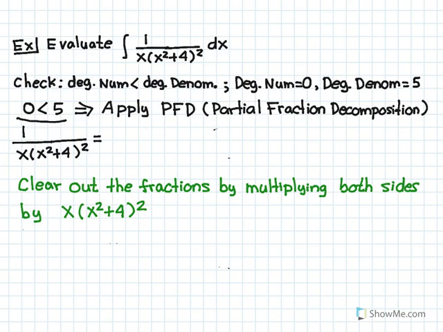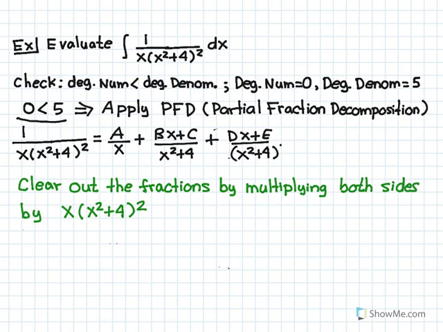That means we apply partial fraction decomposition. So the pattern will be in the form of a sum. We get a over x plus bx plus c divided by x squared plus 4 plus dx plus e divided by x squared plus 4 all squared. So the next step is to clear out the fractions by multiplying both sides by x times x squared plus 4 squared.